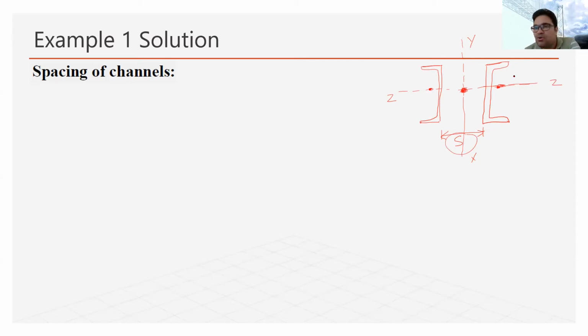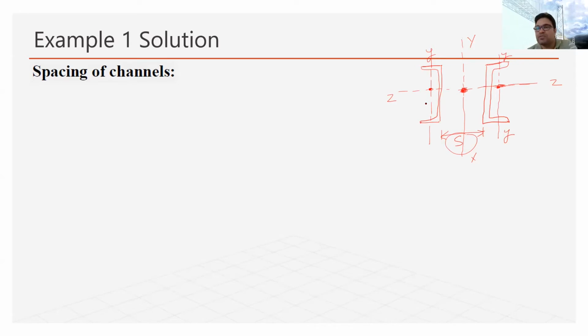The z axis of the individual channel section and the z axis of the whole assembly are on the same line. But the y axis of the individual channel section will pass like this. I am writing this as small y. Similarly, the y axis of this right hand side channel section will be here.